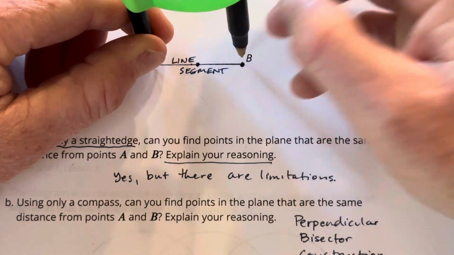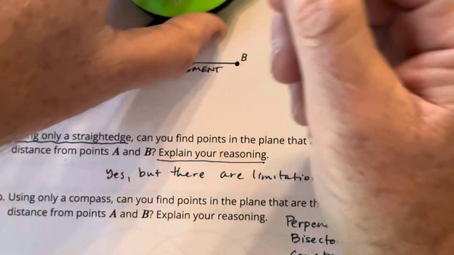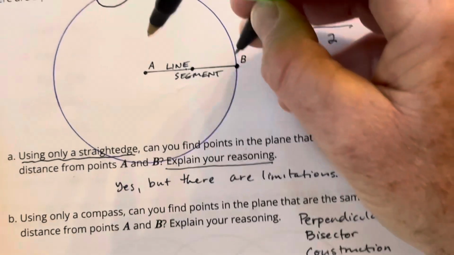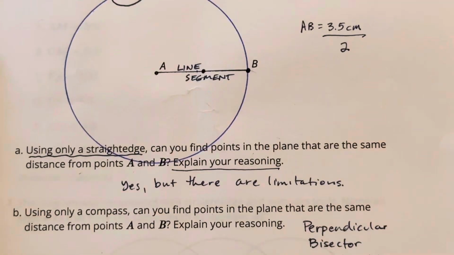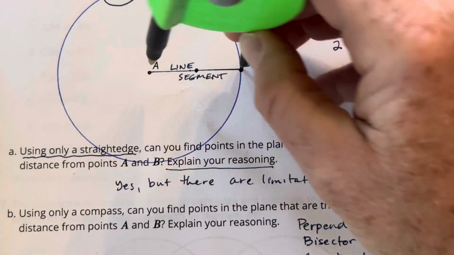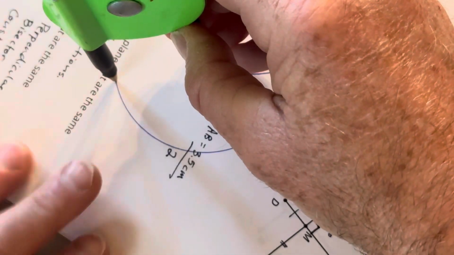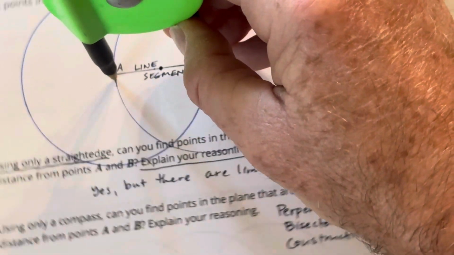Because you know what a perpendicular bisector does. It creates a line or line segment that represents all the points equal distance from A and B at the same time. That you may remember from class, I hope. So you could go like that, and then like this. And that's just a compass, right?